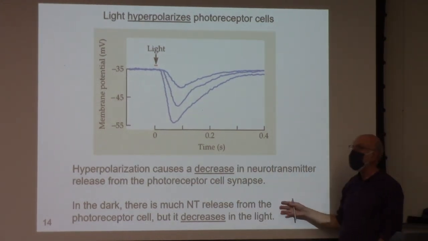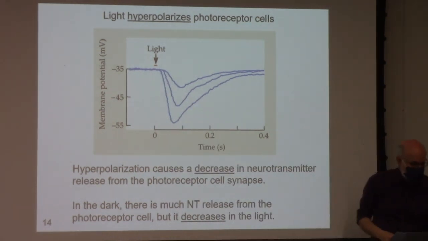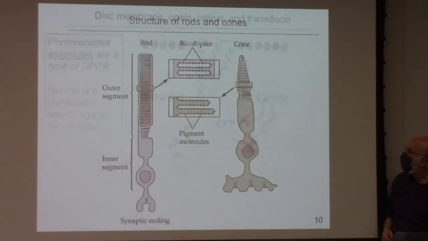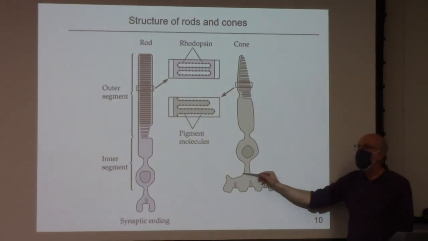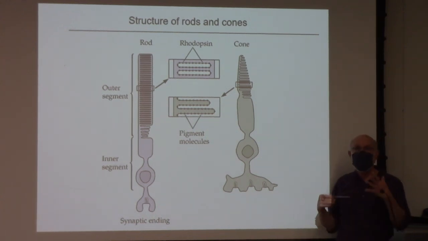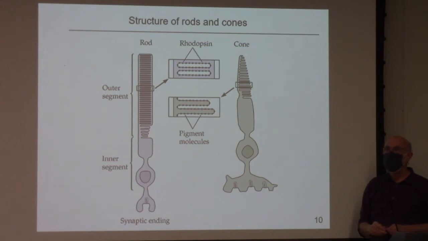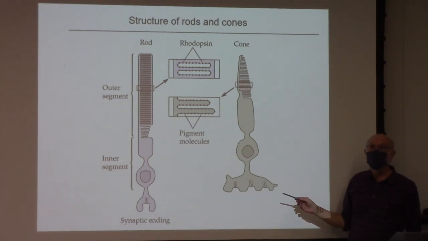So in the dark, there is a lot of neurotransmitter release. Let's go back to the synapse. In the dark, there is a lot of neurotransmitter release from this synapse. It's happening in the dark, even while you're sleeping. It's dark. Your eyes are closed. It's dark. This synapse is releasing neurotransmitter.